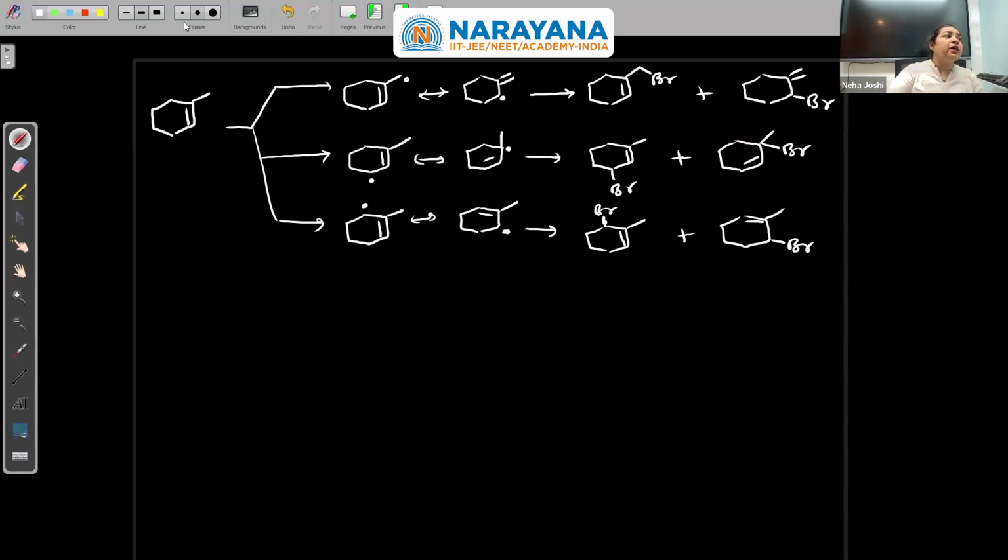Now I will check individually the status of their optical and geometrical isomerism. So here I do not see any GI or OI. So I'll say only one product will be counted for this. Okay, coming to here, this center is chiral. See, bromine could be on wedge, could be on dash. So you can write 2 cases are possible like that.